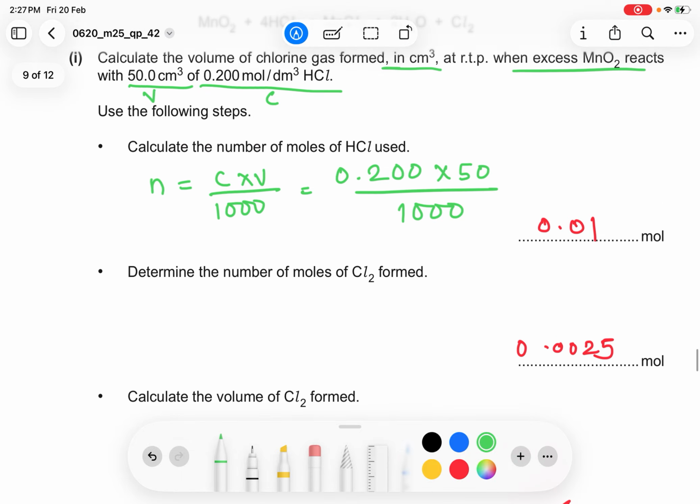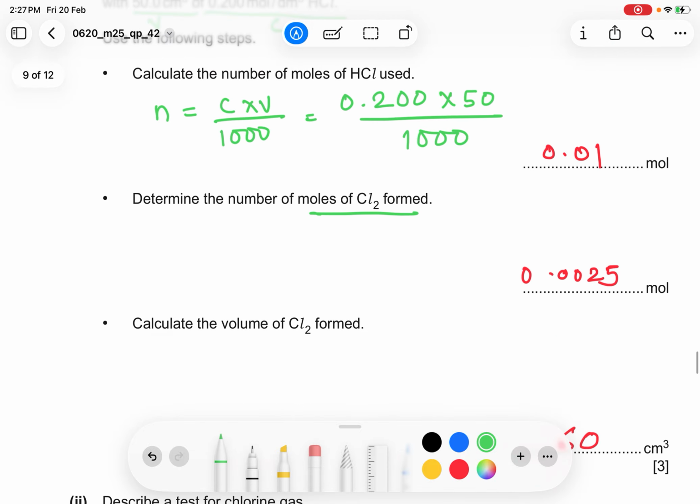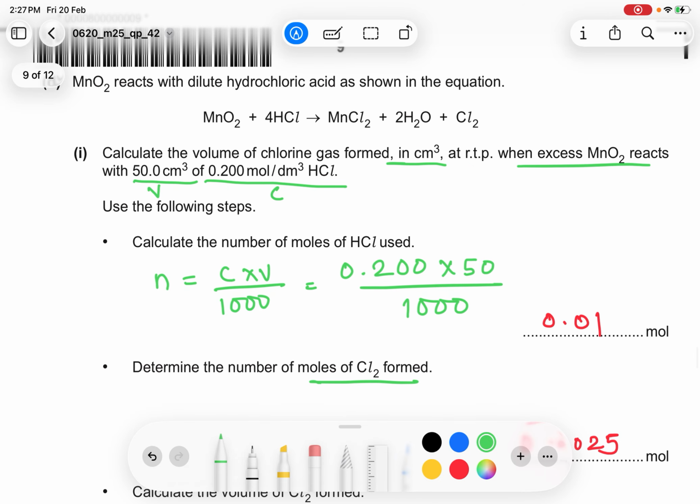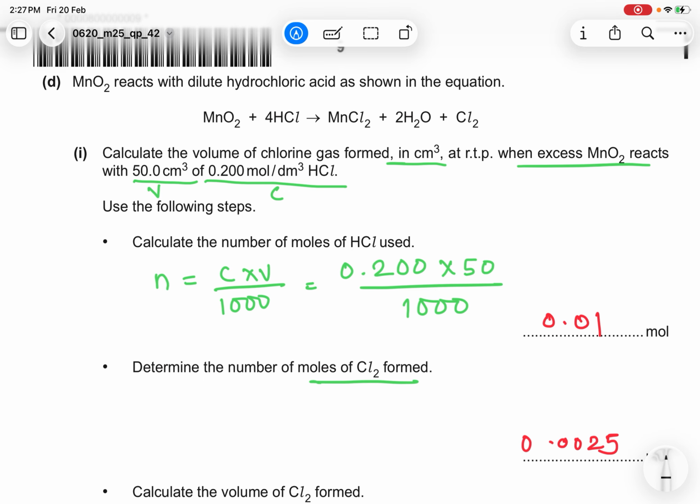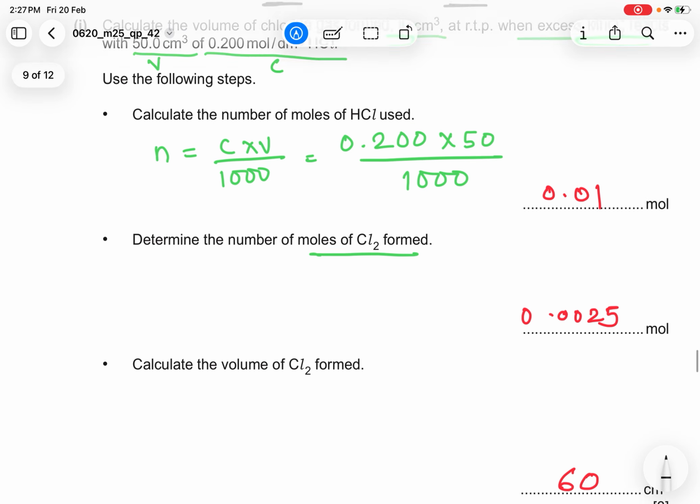Next, deduce the number of moles of chlorine formed. For chlorine, we don't have any value. We have just found the moles of HCl. So we are going to take the ratio of HCl to chlorine, which is 4:1.